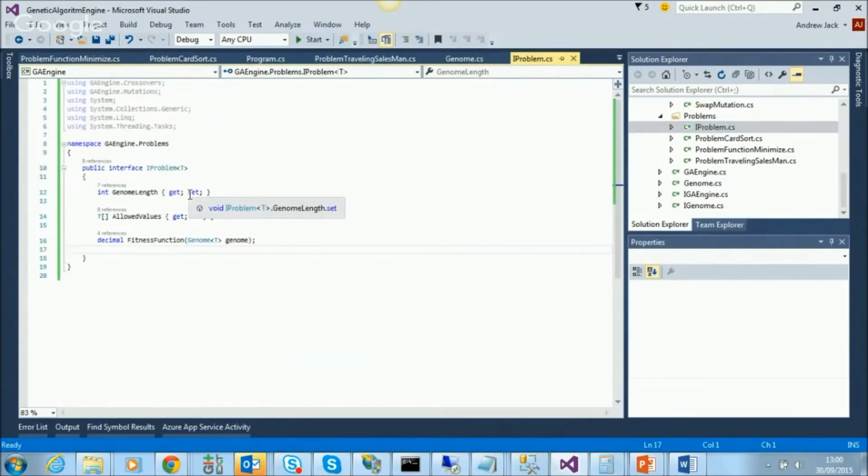In any given problem, our encoding of the gene of the chromosome is problem specific. We're going to decide that based on the problem criteria. The allowed values are also problem specific. We're going to decide what allowed values are given our problem. And our fitness function is obviously problem specific. We're going to evaluate each candidate given the problem. Different problems would obviously have different functions.